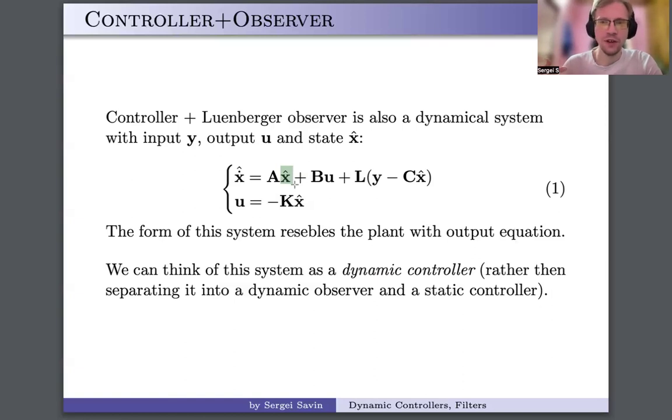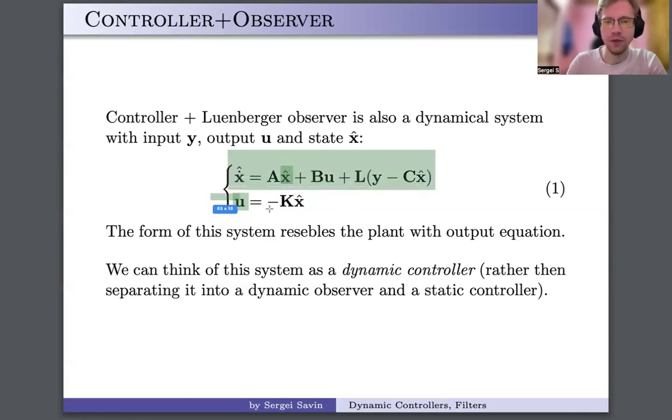But there is no particular reason why internal state of this dynamic controller should be estimate value of x. As long as the output is correct, we don't care what x hat is, right? So we could have designed a controller in such a way that internal state would have nothing to do with estimation, right? But Leuenberger observer is the idea that you estimate your state exactly like this, and then use it for control purposes. So that's how Leuenberger works.